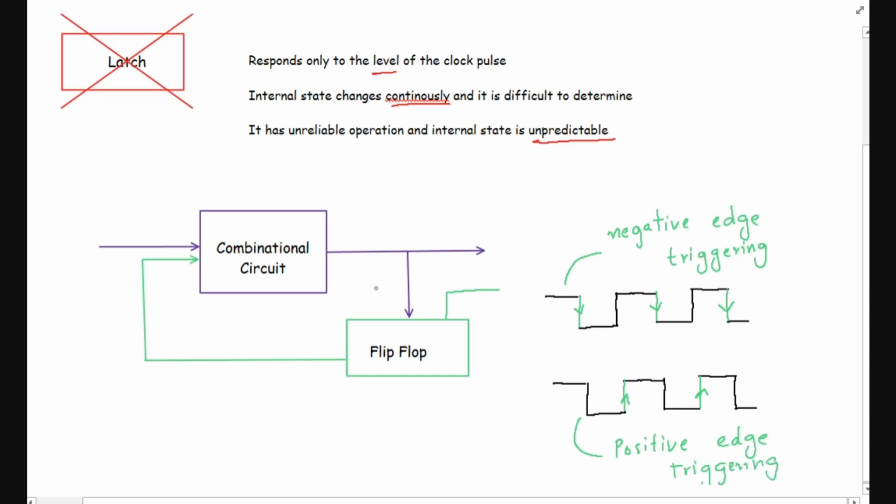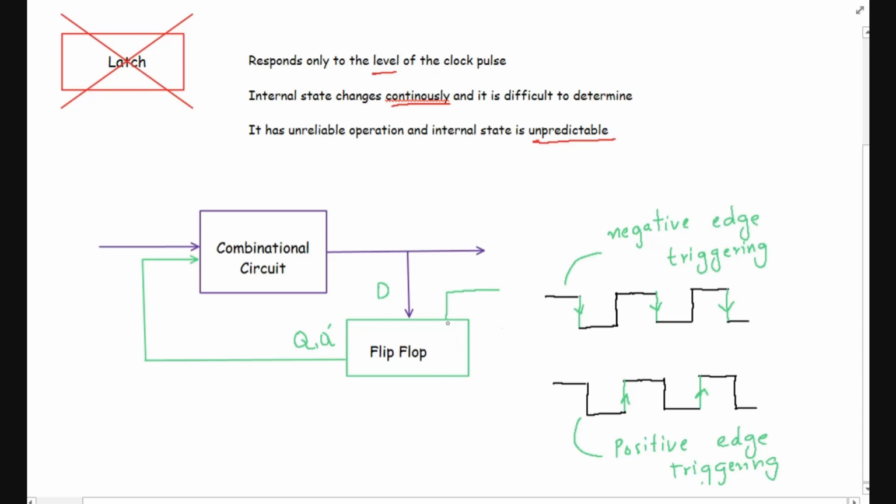So, for example, if a certain data D is applied and we have an output Q or Q dash, the change will only happen when there is an edge change. If this is fed back again to the combinational circuit and now we have new inputs, the state will only change when there is a change in the control signal.